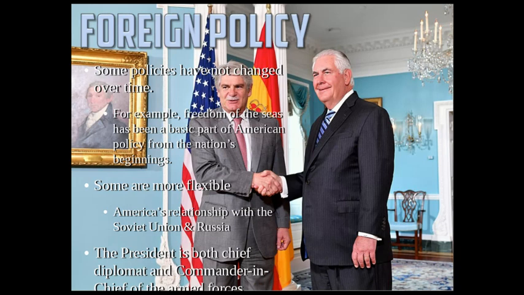Others are more flexible. An example of that being our relationship with first the Soviet Union and now Russia. It's really been a pretty similar story with Russia for a long time now, which is that neither country is particularly fond of the other, but we each recognize that the other country can provide some sort of a service, or that a relationship of some kind with them would benefit the United States, or in the case of Russia, would benefit Russia.